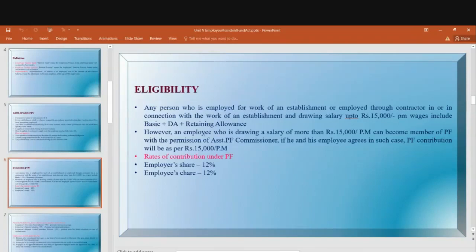And these are the rates of contribution under PF. Every month, 12% of the basic salary will be considered as the employee's share, right? And the employer's share is another 12 percent. So these are the two rates of contribution under PF.